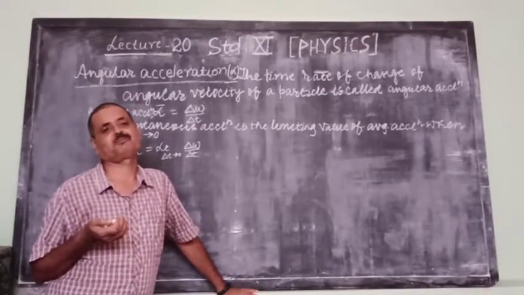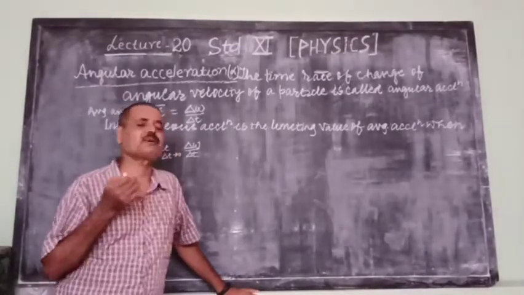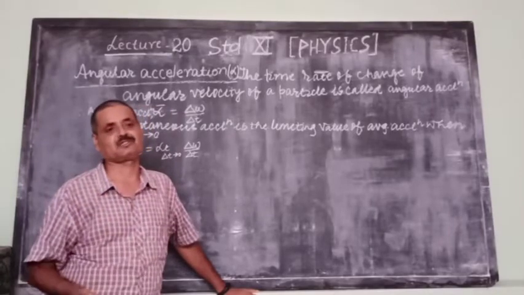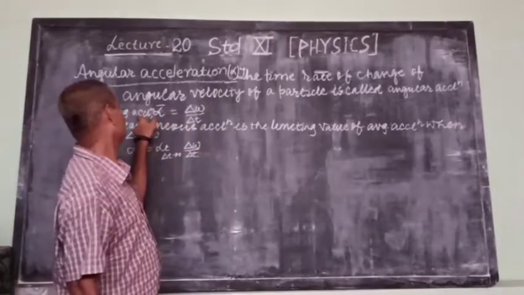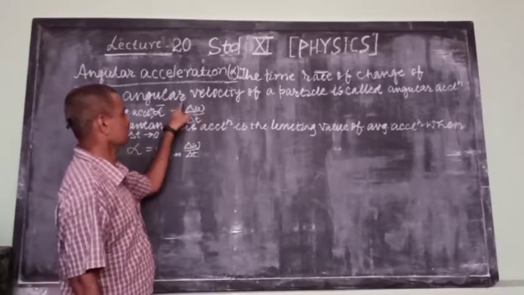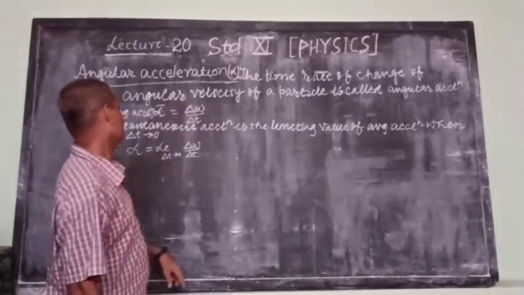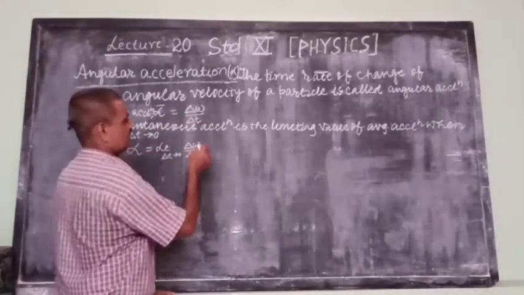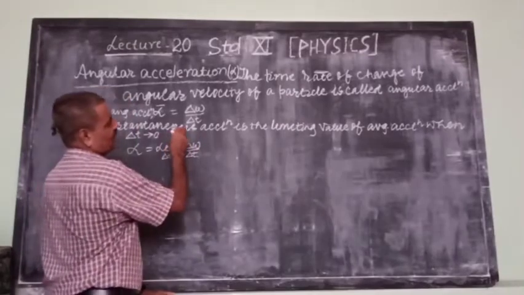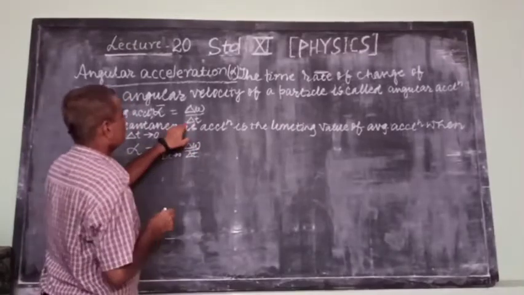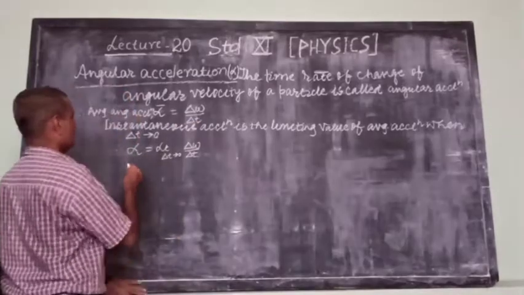Instantaneous acceleration means it is the limiting value of the average acceleration. The average value of angular acceleration is given; the limiting value of average acceleration is taken when delta t tends to 0.